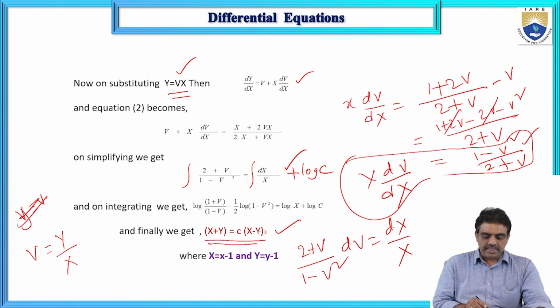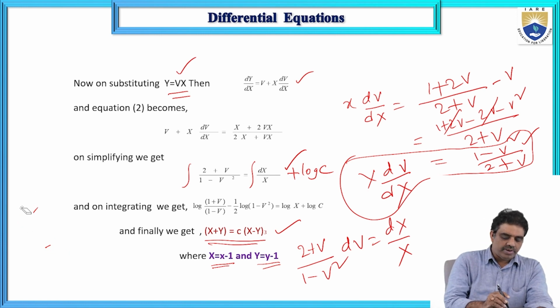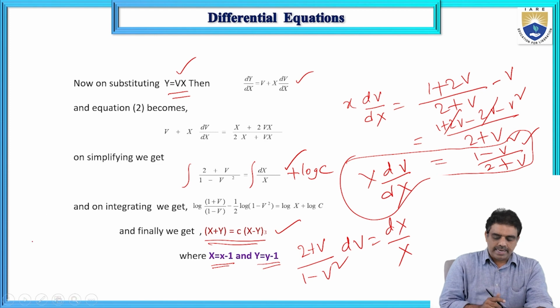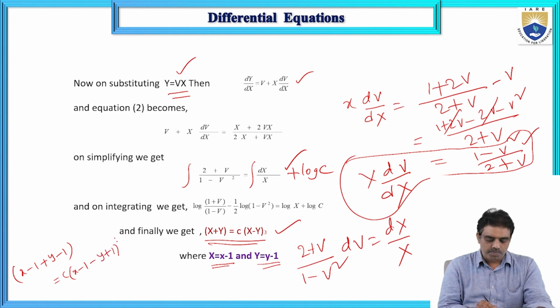Now replace capital X for small x minus 1 and capital Y for small y minus 1. So in this equation we replace. I will show the final solution. Here I can write small x minus 1 plus small y minus 1 is equal to C into small x minus 1 minus small y plus 1 whole cube.